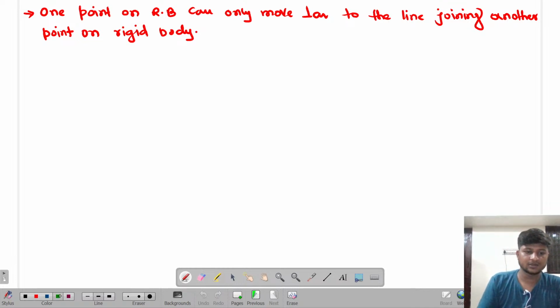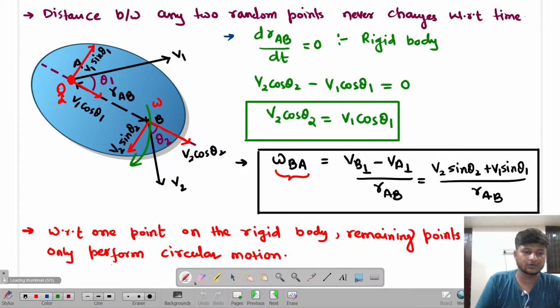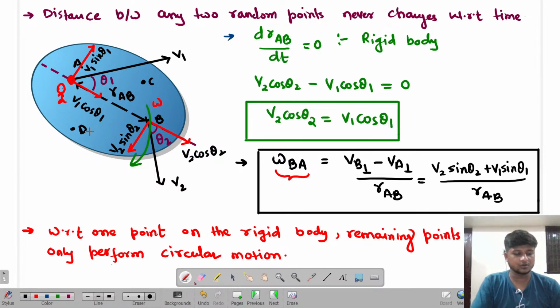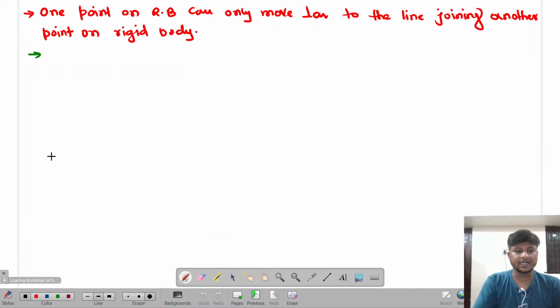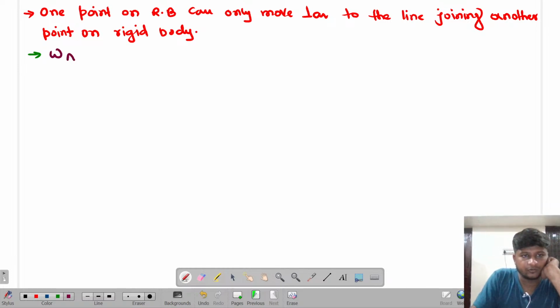So we can say that if there are many points on the rigid body, like point C, point D, each point performs an angular velocity. Yes or no? We can also say that as each one is moving perpendicular and the distance is also not changing, that is only possible if the omega of point A with respect to B is equal to omega of point C with respect to A, which is equal to omega of D with respect to A, or whatsoever.